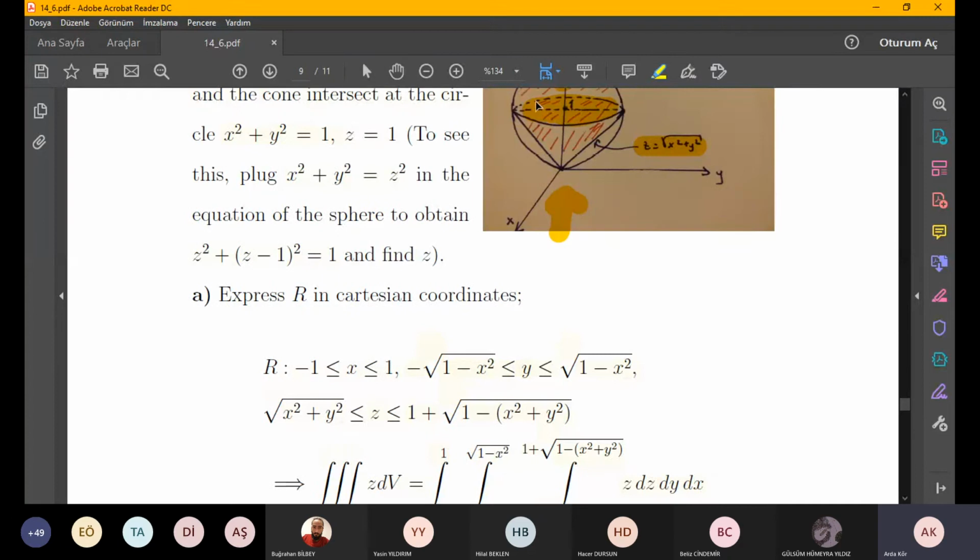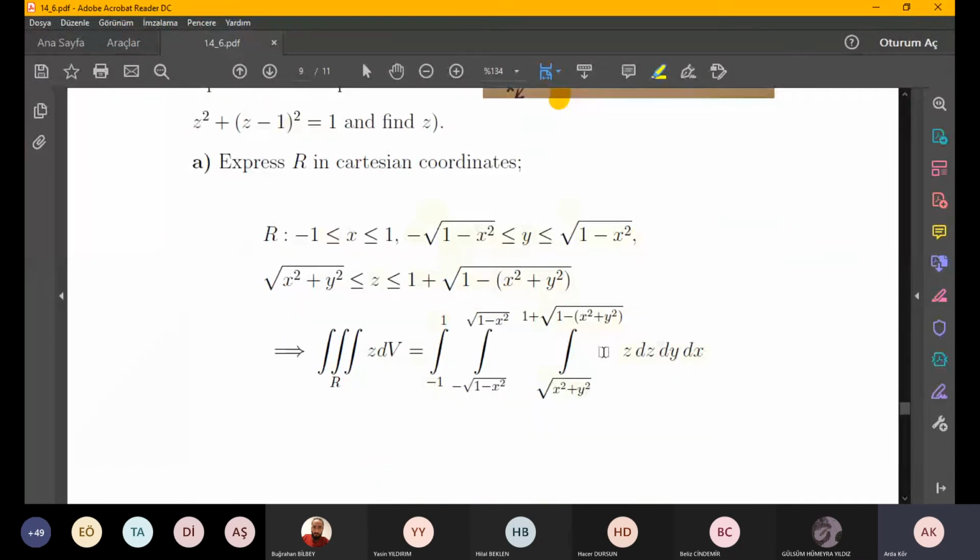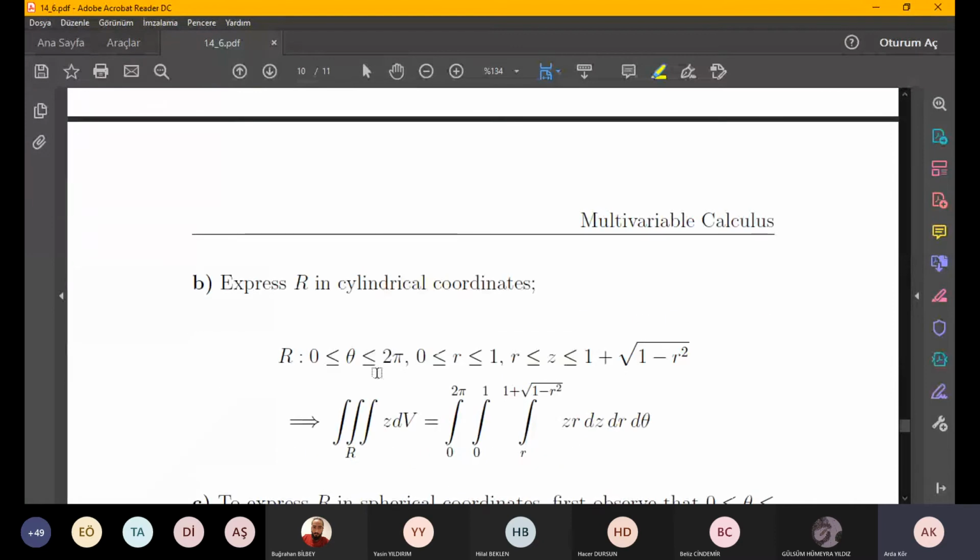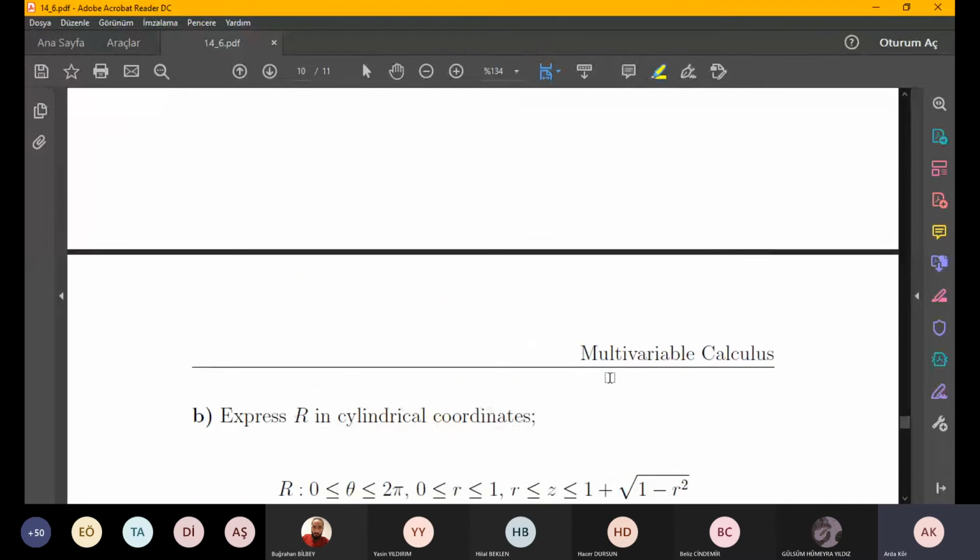As we said, the projection of the intersection here will represent this unit circle, right? In cylindrical coordinates, any point can be represented by r and theta. So r will be between 0 and 1, and theta will be between 0 and 2 pi.